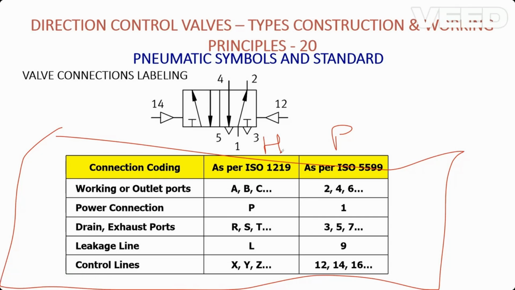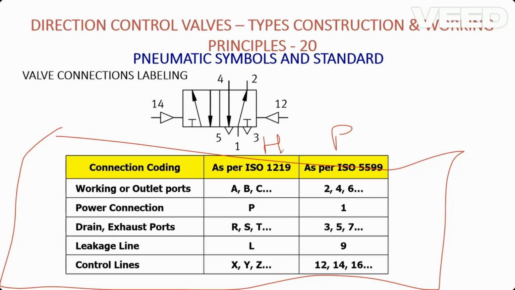Here you can see the power connection, whatever the source of supply, air or liquid, we denote it as number 1 or P, and all the even numbers 2, 4, 6, 8 under 10 are given for outlet ports or working ports where we connect to our cylinders.